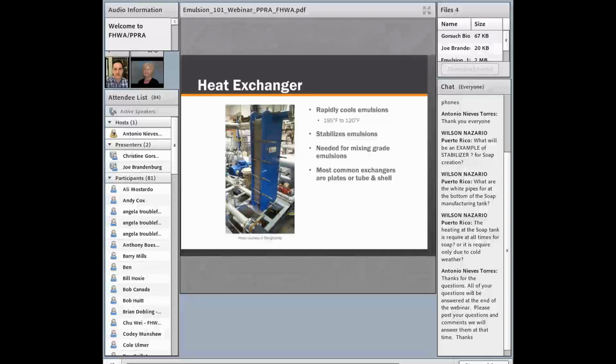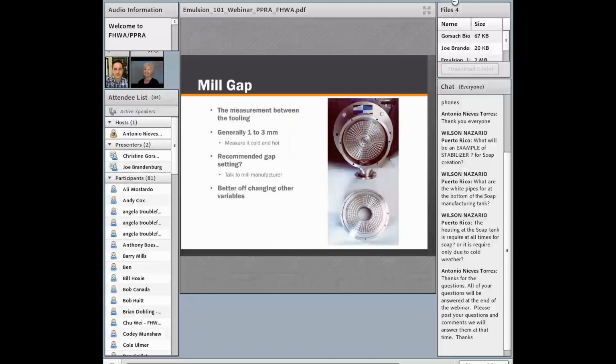Whereas if a tube and shell gets clogged up or gunked up and you have to clean it, that takes quite a bit of time. So it's personal preference on what works best for your situation. But heat exchangers are very critical for a lot of the applications and emulsions that we make.